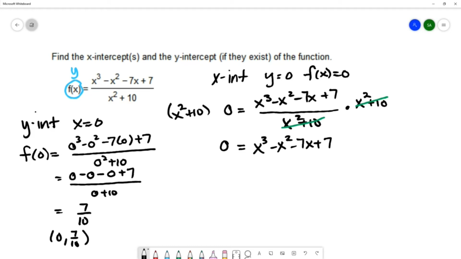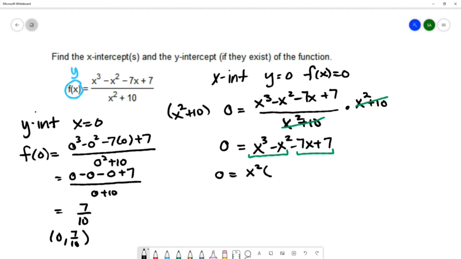The technique that I'm going to use to solve this equation is called grouping. I'm going to use factoring and grouping. So I'm going to group these two terms together and group these two terms together. And we're going to factor out the greatest common factor from each group. The greatest common factor of x cubed minus x squared is x squared.